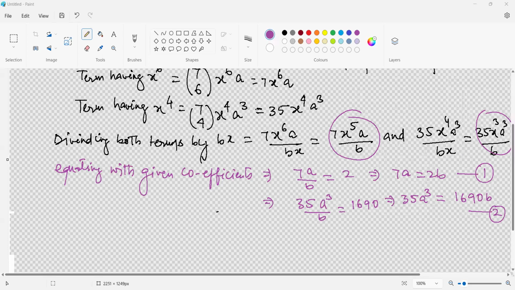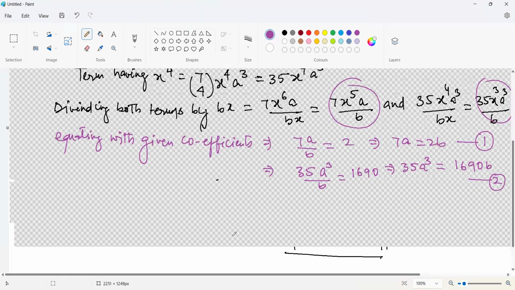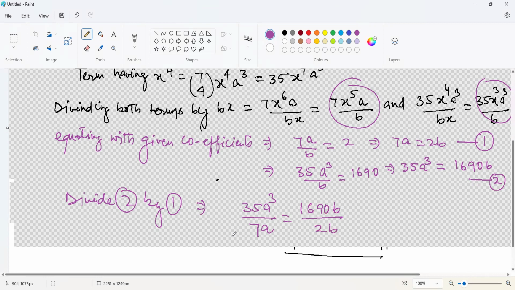Do we reach anywhere? Let's divide. Divide 2 by 1. Maybe we get something. 35a cube upon 7a equal to 1690b over 2b. b cancel. 7, 5.